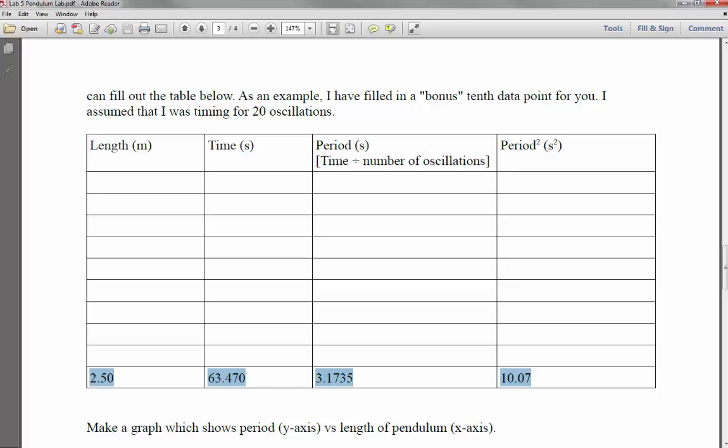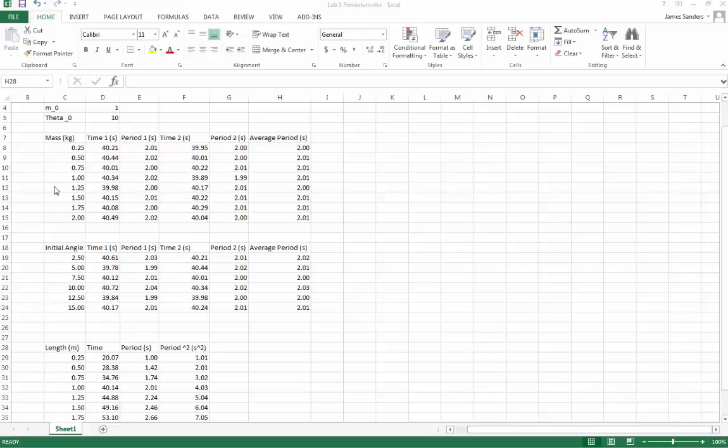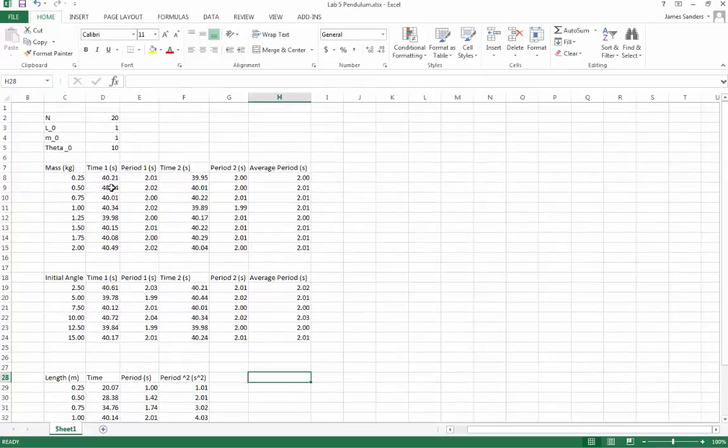So I'm going to go ahead and open up the Excel spreadsheet, which is like this. Basically, I have some data that I also took for mass versus period and for angle versus period. I did more of both than I needed to. And you can see that the mass versus period on average isn't changing very much. The angle versus period on average is not changing very much.